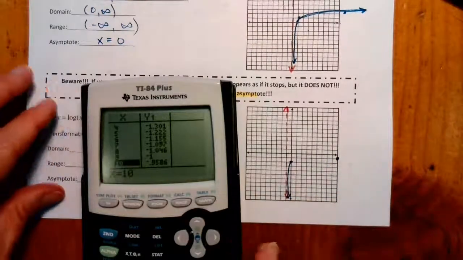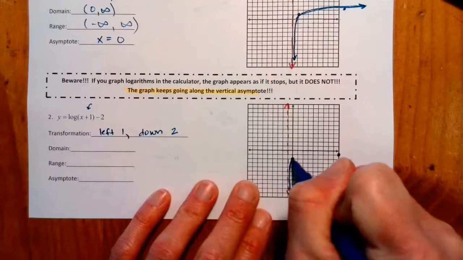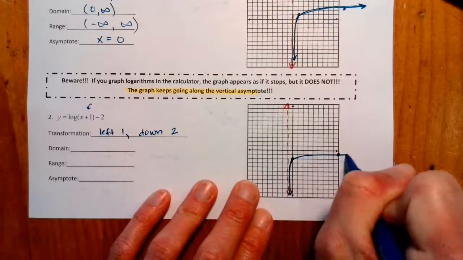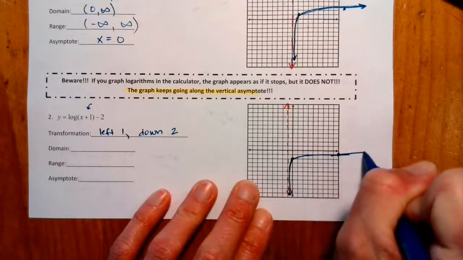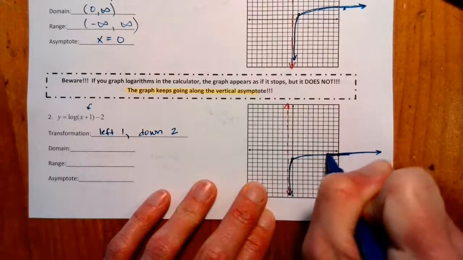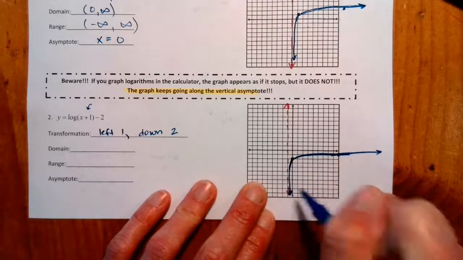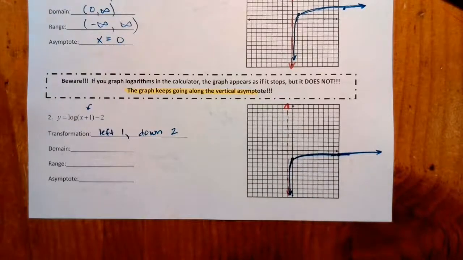So you can see this graph does not grow quickly at all. It takes a very long time, but it is going to continue growing up and up and up. So I will at some point eventually reach an output of infinity. It's just going to take me a very long time to get there.